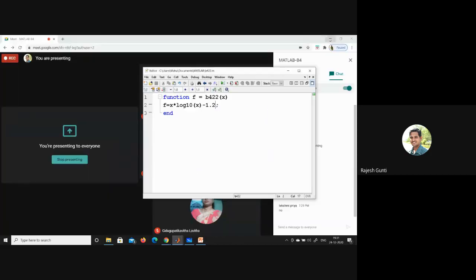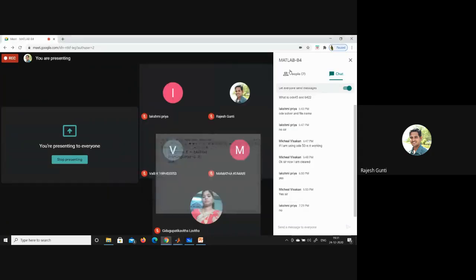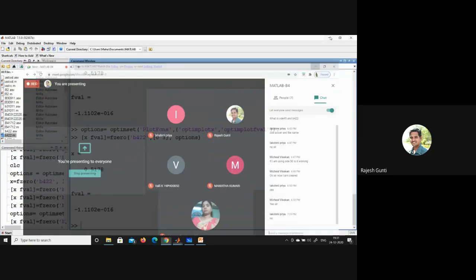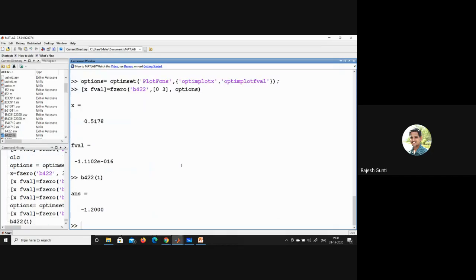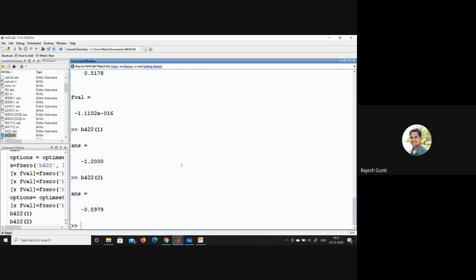At 2, what is the value? Log 1 is 0, so the function value is minus 1.2, negative.